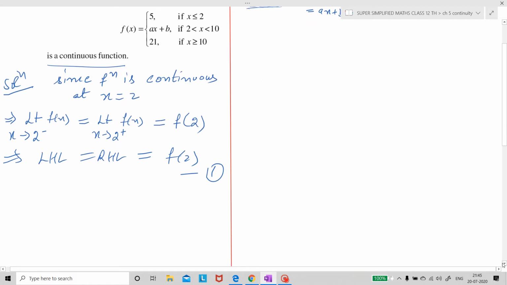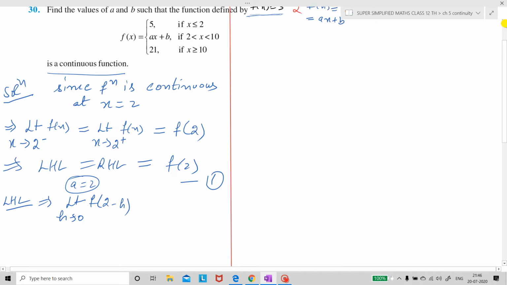Now we shall be calculating the left hand limit of the function at the point 2. So the left hand limit will be the limit as h tends to 0 of f(a minus h), and a here is 2 since we are calculating the continuity at the point 2. So we get f(2 minus h). Now we see that to the left of 2 the function is 5. We can see this with the help of this figure also.